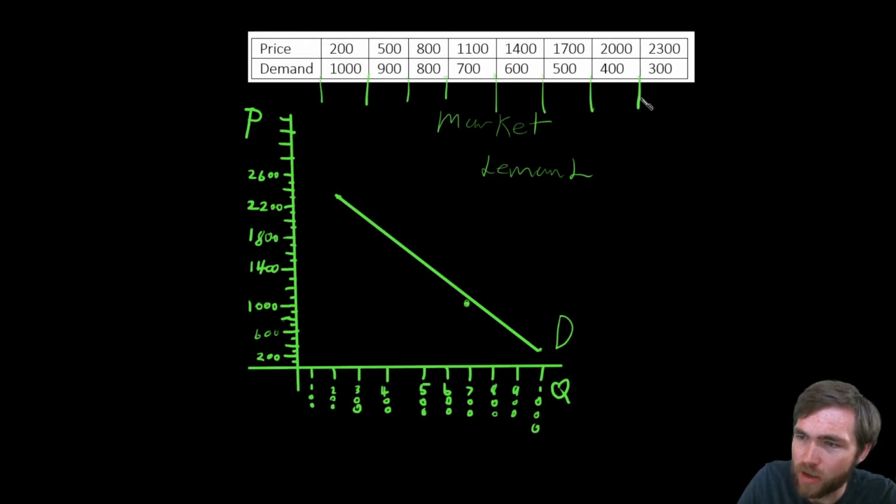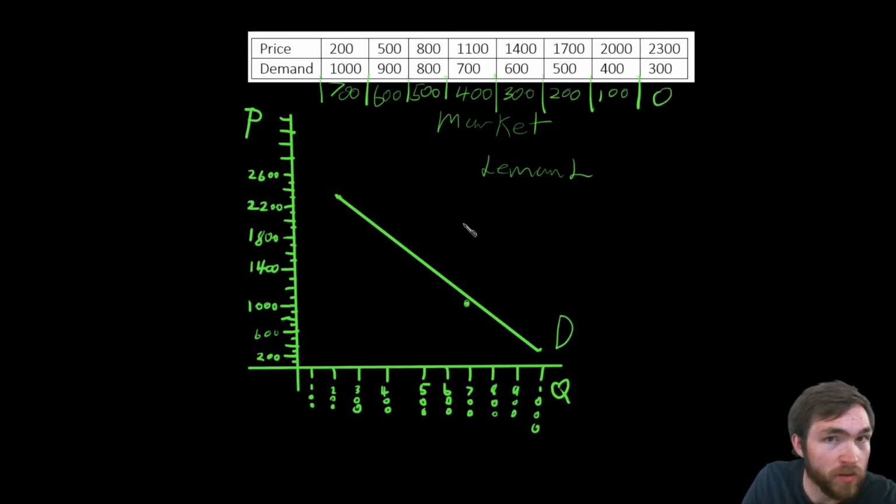And let's assume that at every price, they're willing to purchase 300 fewer bikes. So this becomes 700, this becomes 600, 500, 400, and so on. And finally at 2,300, no one's buying bikes.